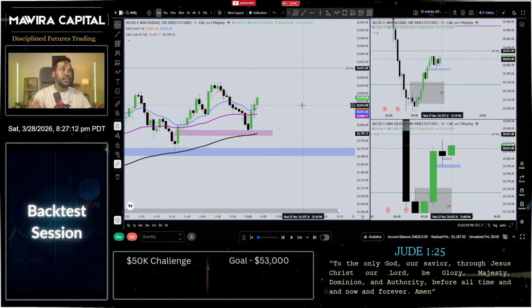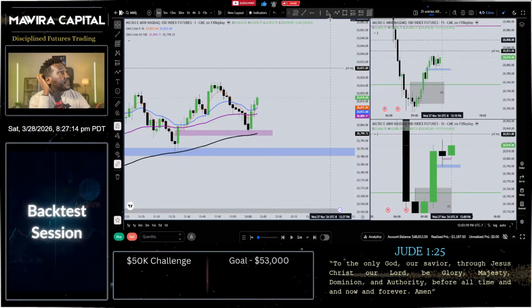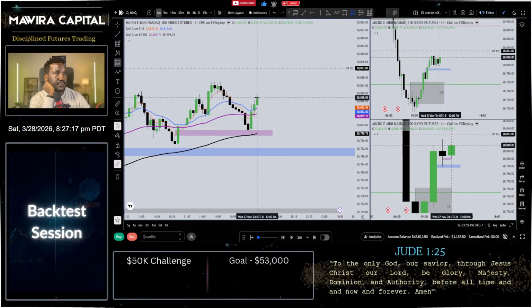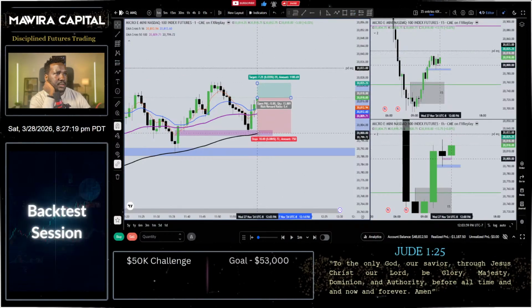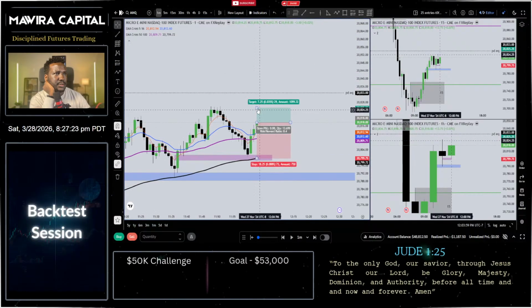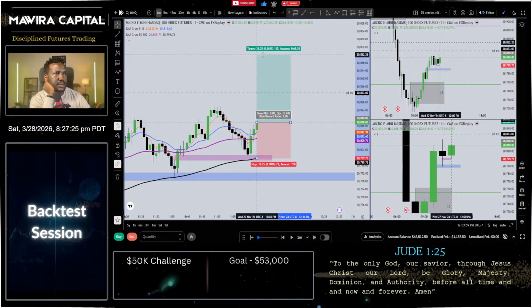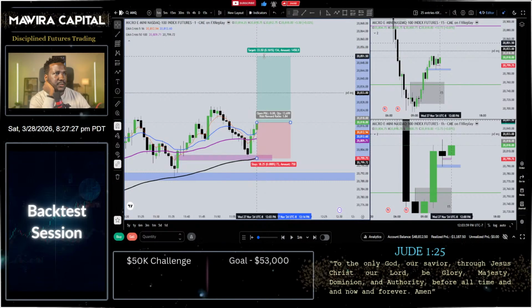Let's see how that goes. So I want to take this trade. My stop loss is at the 100 EMA right there, 18 points. 1:2 will be somewhere right there.